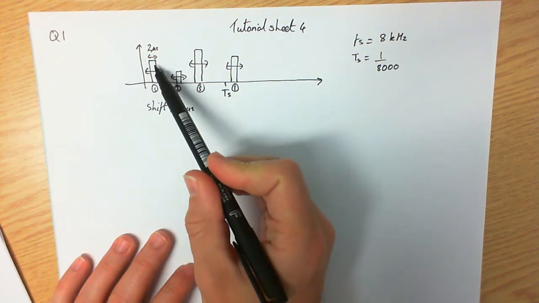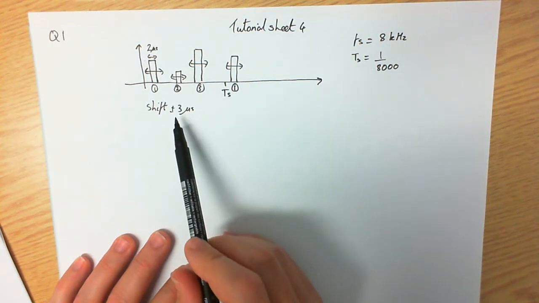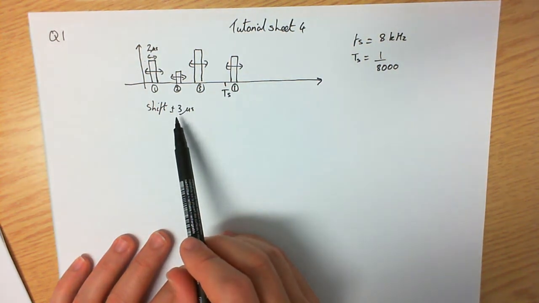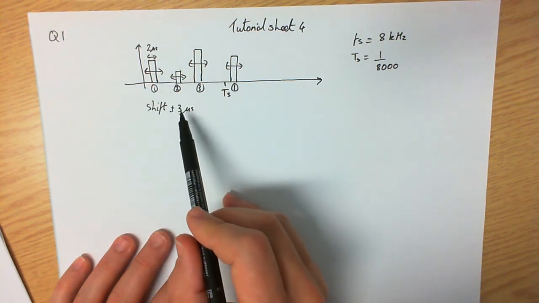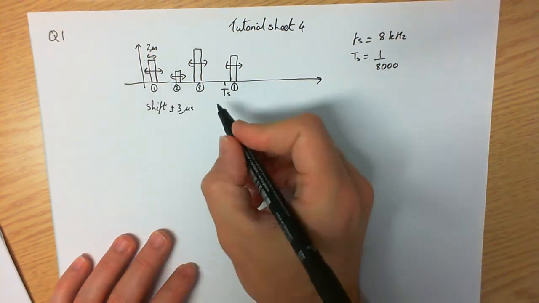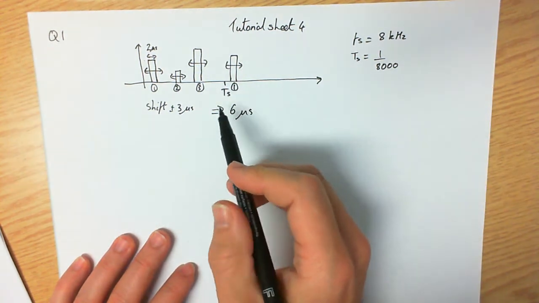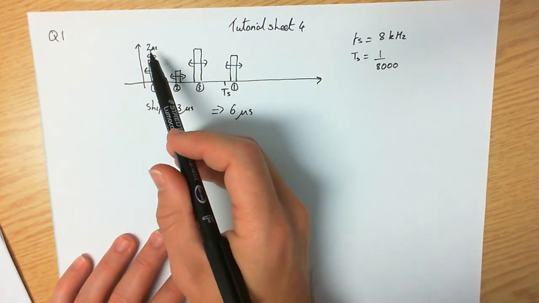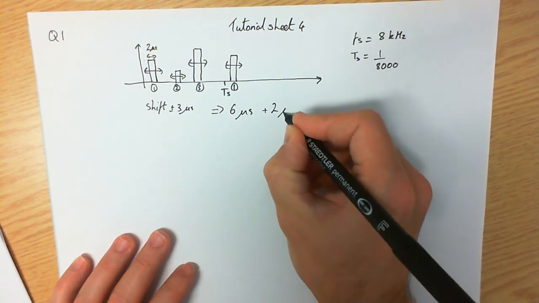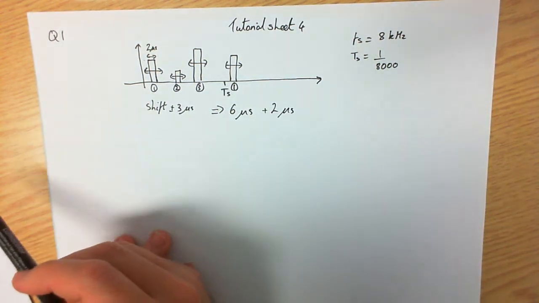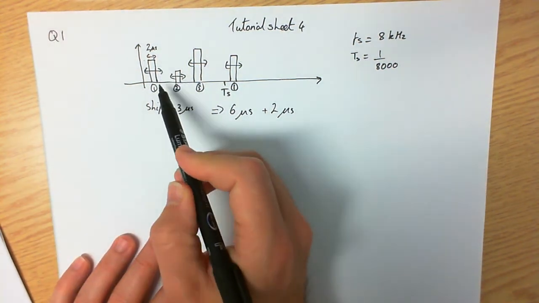Well, we know the pulse width is 2 microseconds, and we know that the pulse shift is plus or minus 3 microseconds. So the total position that this pulse can move over is obviously 6 microseconds. And it has a width of 2 microseconds, so we have that on top. And there's also a minimum separation between one channel and the next.